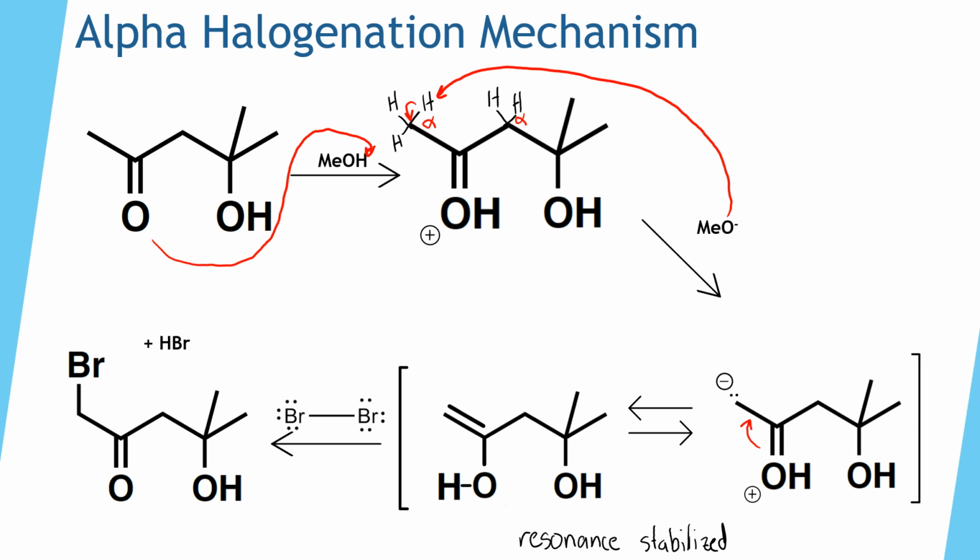So that double bond is going to act as a nucleophile and attack a bromine. And the other bromine is going to attack the proton where that oxygen is. And that's how we get our product with HBr.